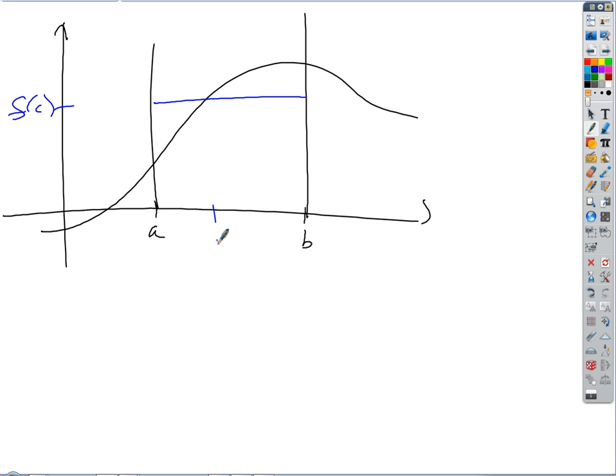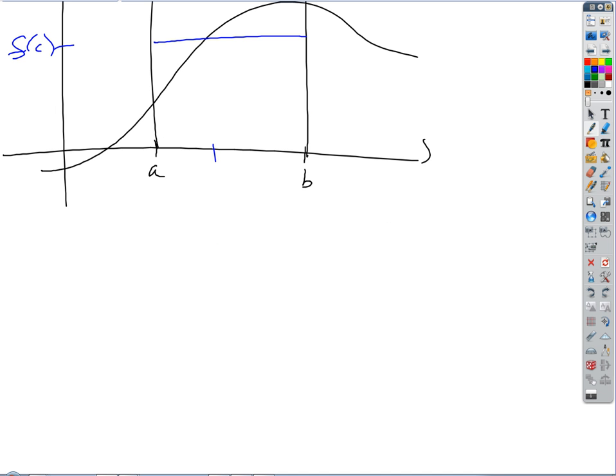If I want to know what this is, all I've got to do is figure out the area and divide by the width of the interval, which is b minus a. The area under the curve is just what we get from the definite integral. So the area under the curve f of x from a to b must equal the width of the interval times the height.